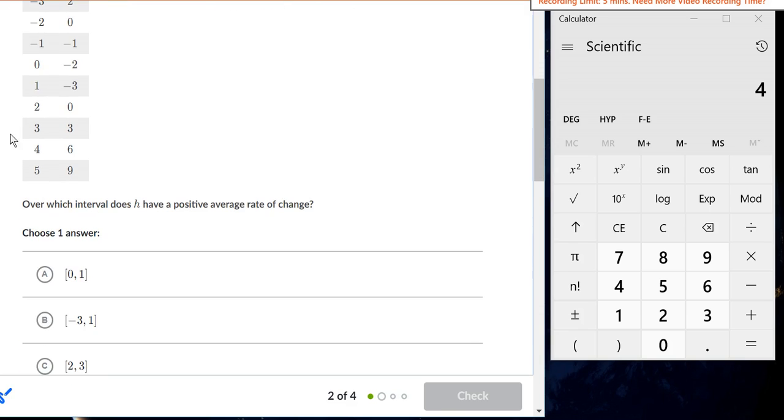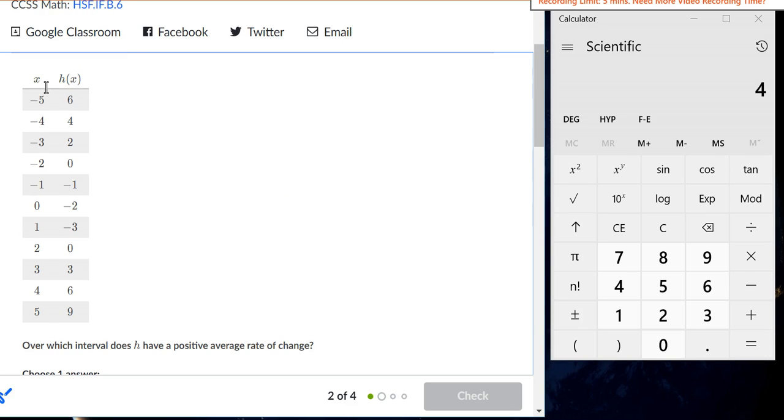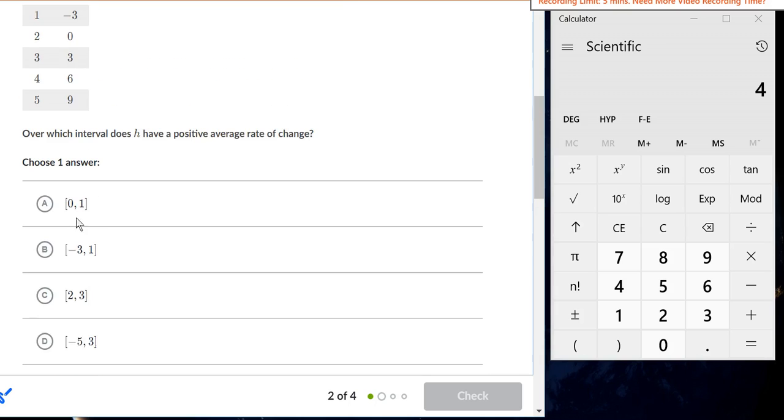So from here we got over which interval that they're giving us does h have a positive average rate of change. So the function h has a positive rate of change when if I do y2 minus y1, it's going to turn out positive. So let's see. 0 to 1, x equals 0, x equals 1.